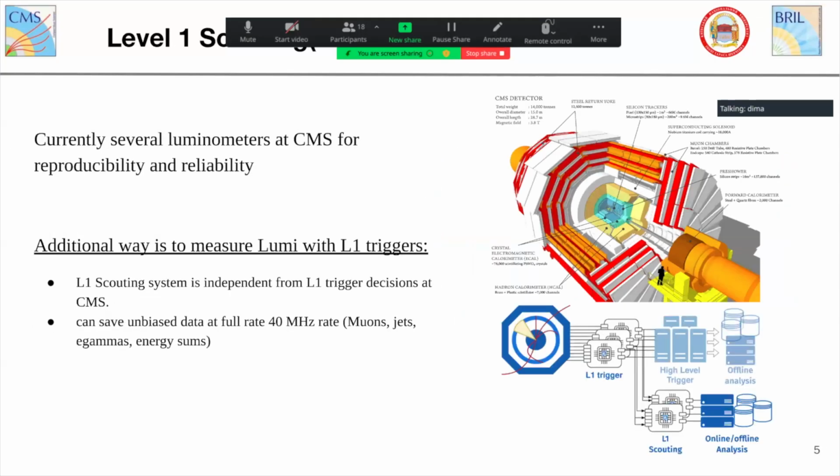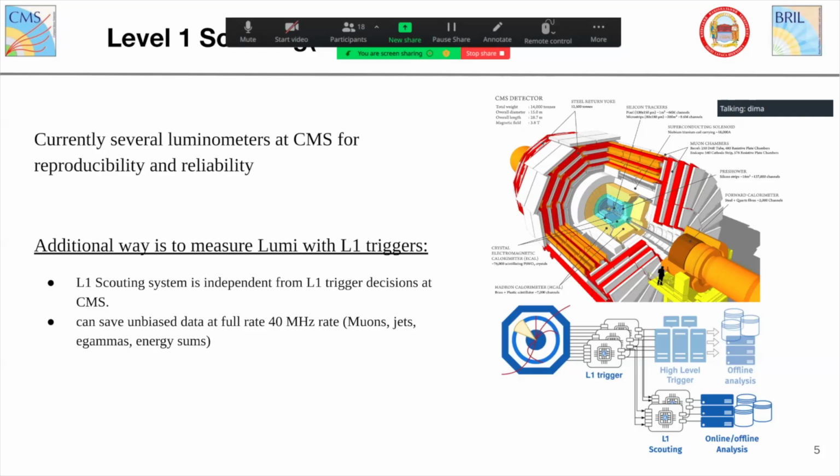So luckily for us, one of the options is to use data from the detector itself. High-level data is unusable as it's biased by the trigger decision. Luckily, we could use the data from the trigger itself.